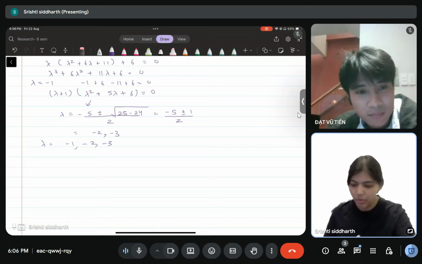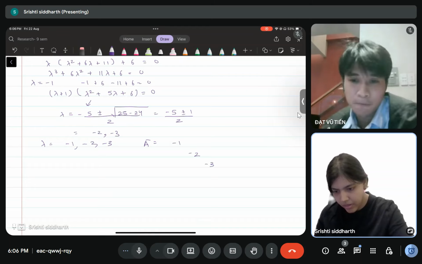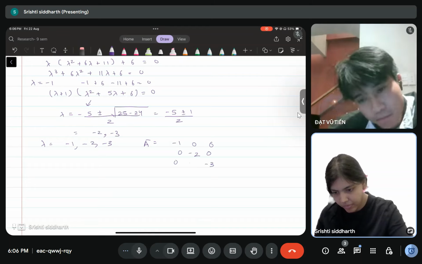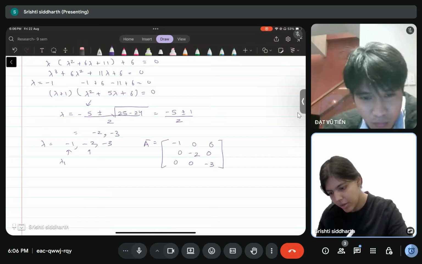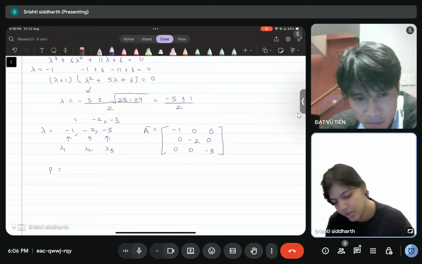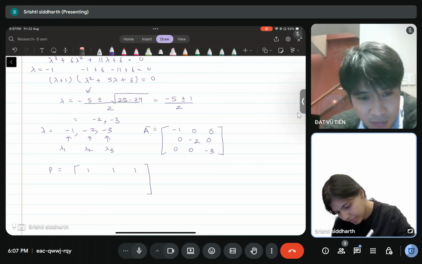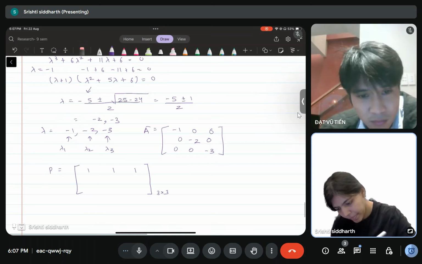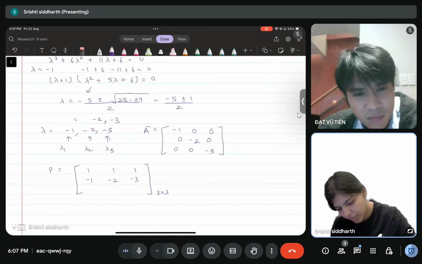So these are distinct. We already know the diagonalized system would be this one. Okay, so the Vandermonde matrix or the similarity transformation in this case is going to be 1, 1, 1, then minus 1, minus 2, minus 3, and then 1, 4, and 9.